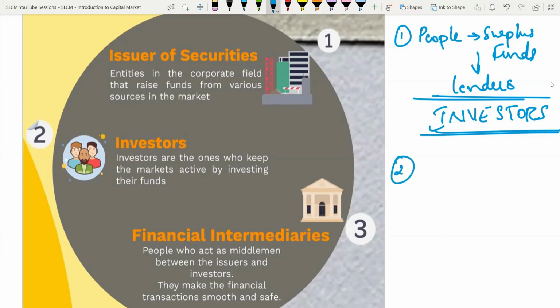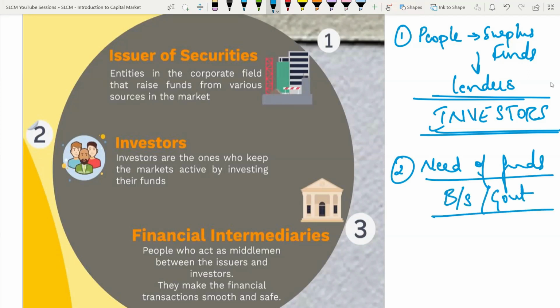Second one we know are the people who are in need of funds. Who are these? These are business houses and governments who require funds to carry on their activities of either producing goods or providing any kind of services. And these are known as borrowers.